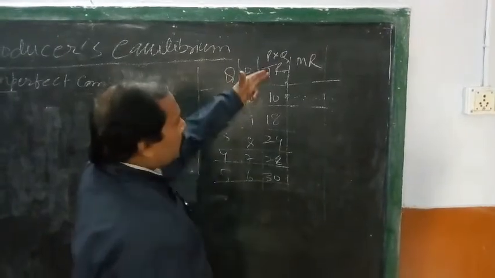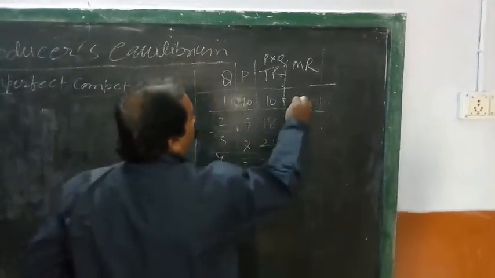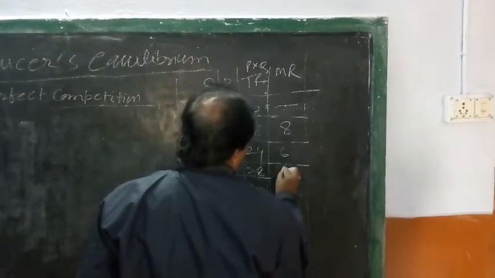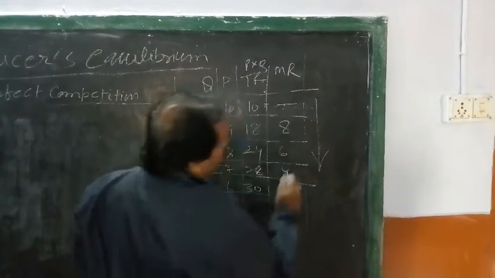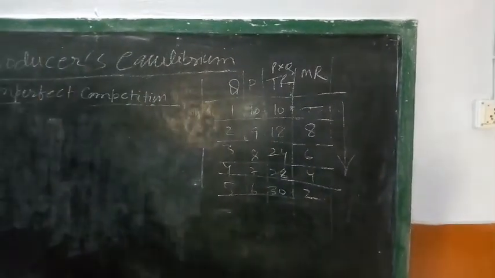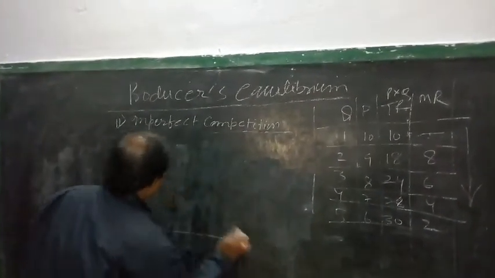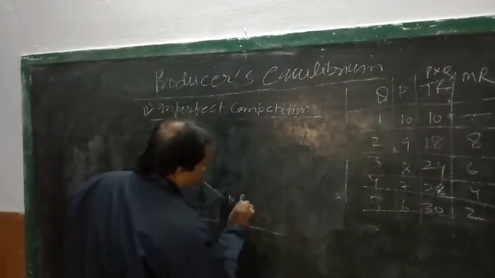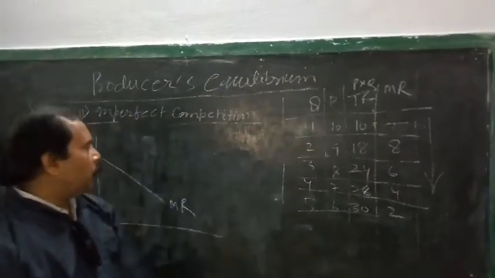The difference between the two TRs is known as MR. So this is 8, 6, 4, 2. So what do you find? You find that MR is continuously declining. So in case of imperfect competition, the MR starts to decline. Clear? And you can see this from this schedule.